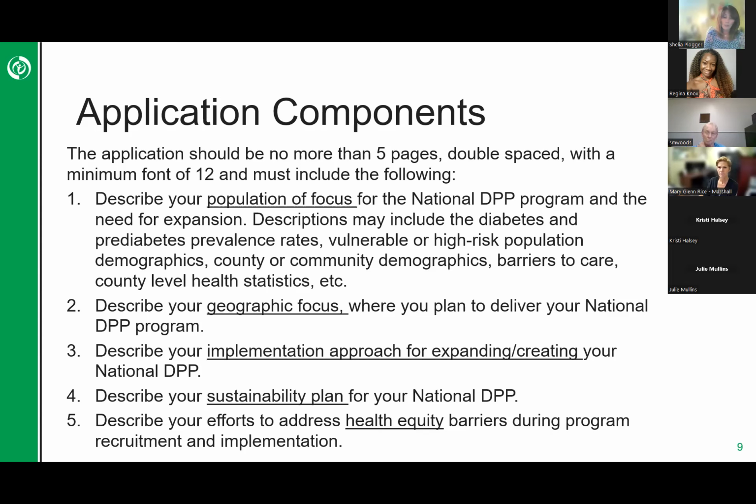These partners can be a really good source for referrals, and they can provide insight on how to best reach those target populations as well. And then number 4, describe your sustainability for the National DPP.